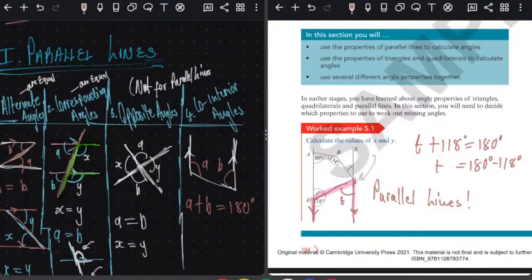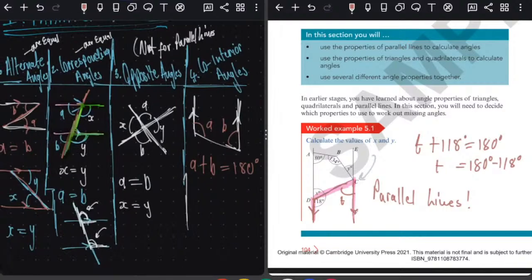Good. Don't let me down, because the U may be upside down. We don't care.